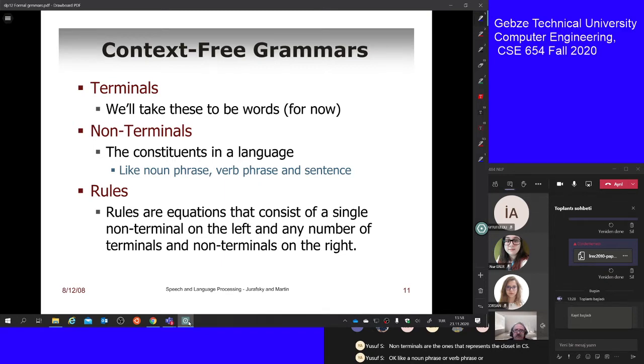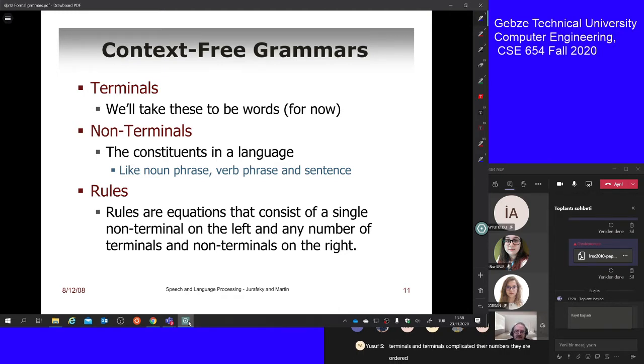These are all constituencies. And then we have rules. Rules are the equations that tell us how the non-terminals and terminals come together: their numbers, their order, and their types.